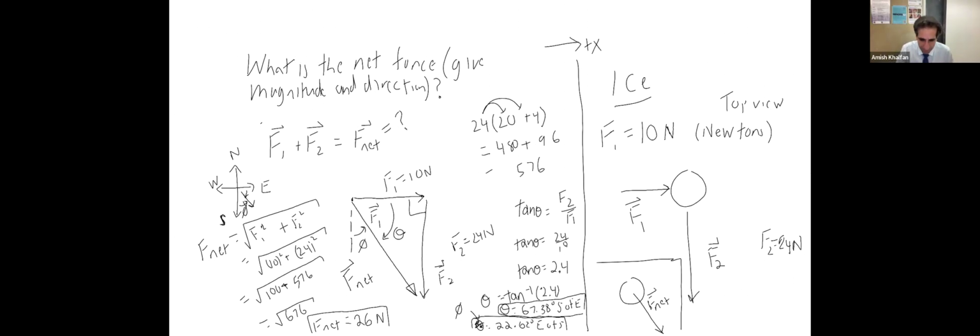All right. We can also understand vector addition through the lens of velocities. So let's talk about vector addition in the context of velocity, vectors of velocities.